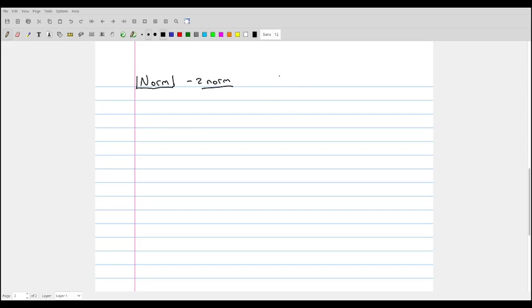You'll remember that we describe points in multivariable spaces using vectors. Say in 2D, a point is given by a vector x1, x2. In 3D, a point is given by a vector with 3 components, an x component, a y component, and a z component.